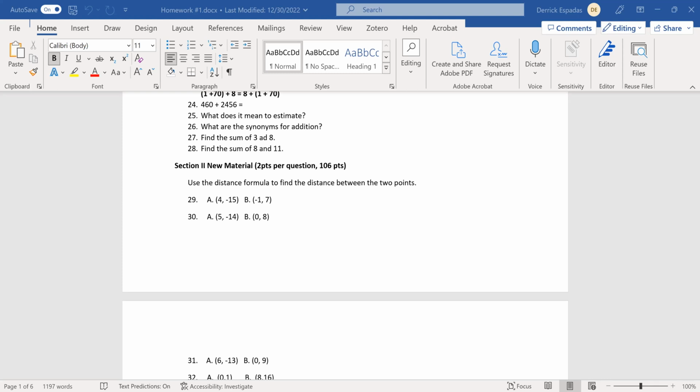And then 225 plus 64 would be 289. Then we take the square root of 289. The square root of 289 is 17. Whole number. Woo-hoo.